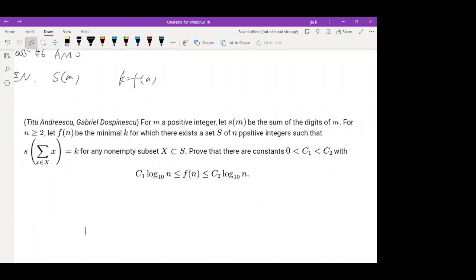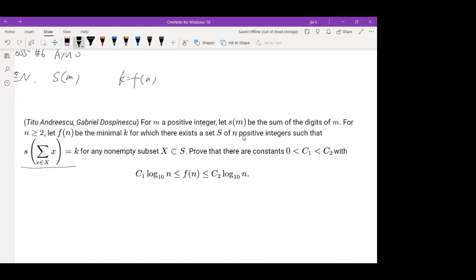So this one is definitely a little harder than the earlier one, and it's still an estimation problem. So you first look at the right side. That means you need to construct a set that satisfies this requirement.